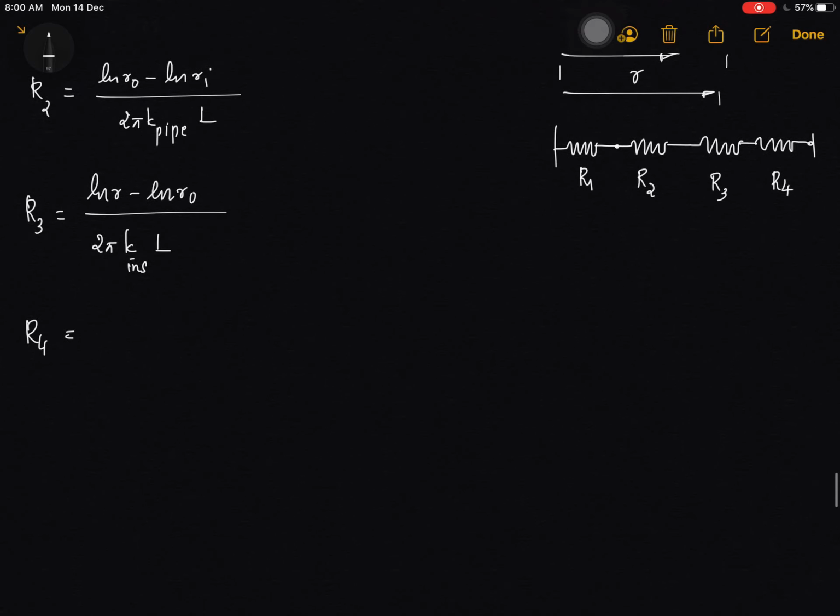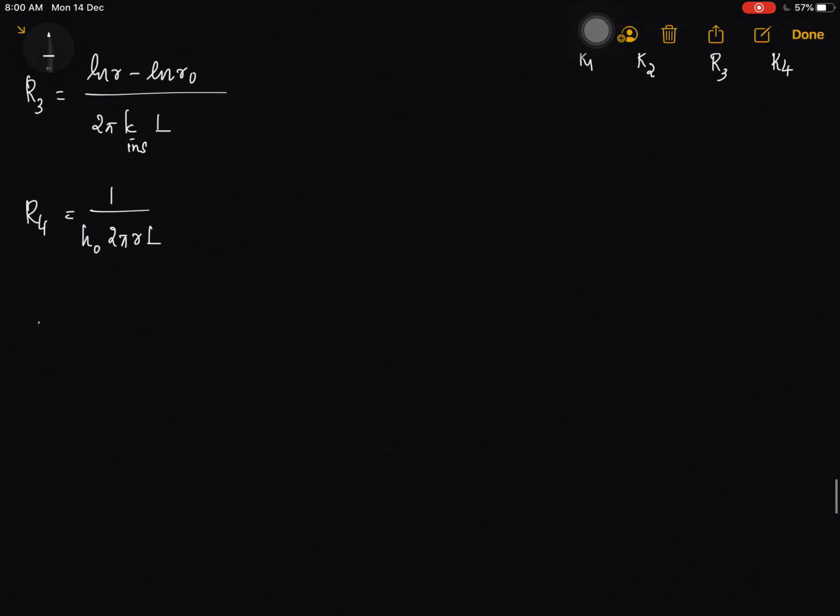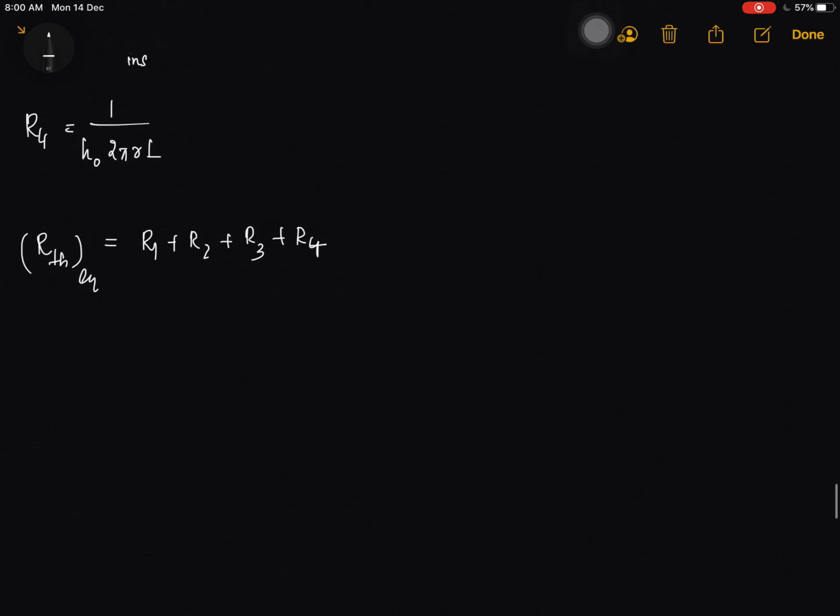Next R4 is a convective thermal resistance represented by 1 by Ho 2 pi R into L. So let's write the equivalent thermal resistance. RTH equivalent will be equal to R1 plus R2 plus R3 plus R4, since we have connected all the resistances in series combination.